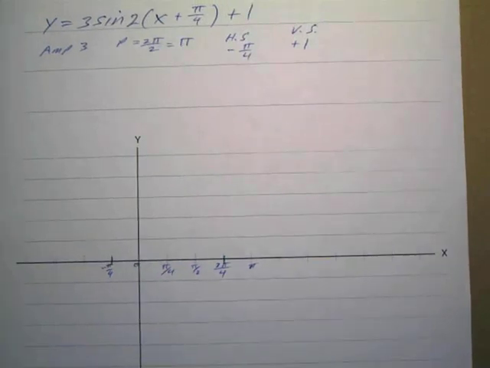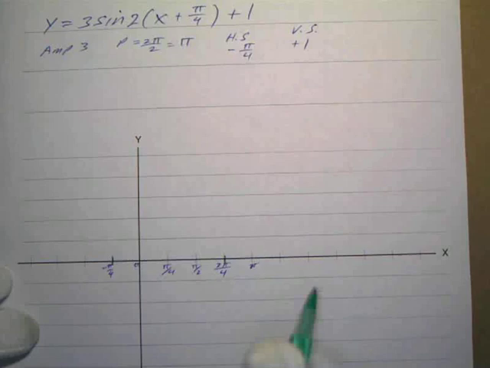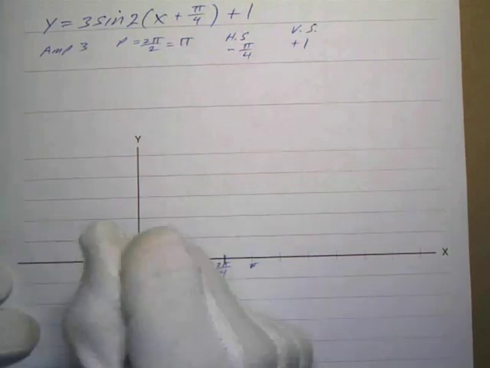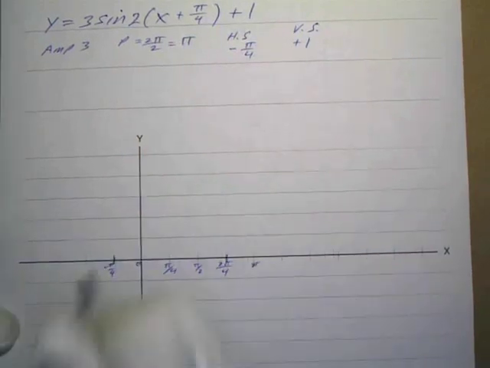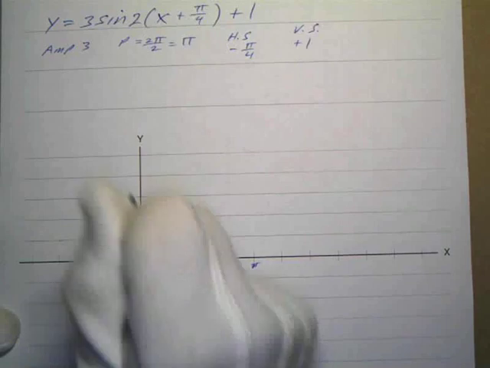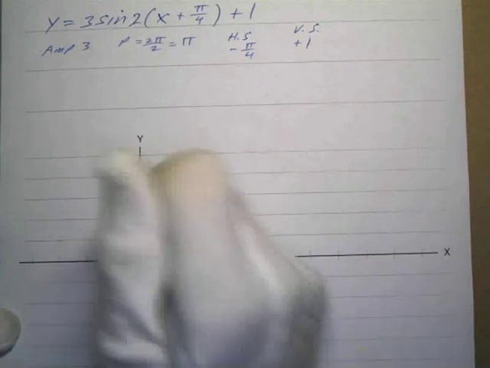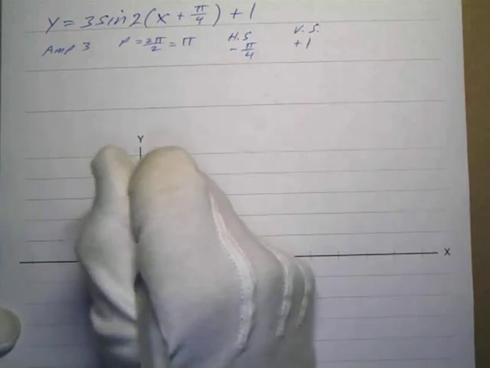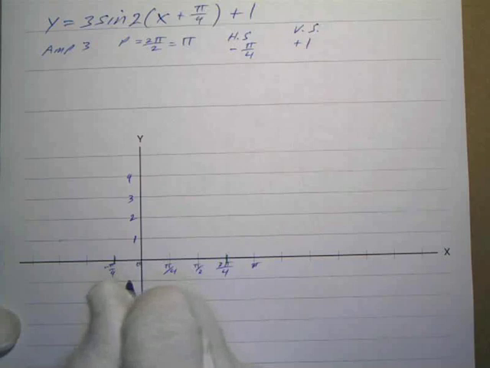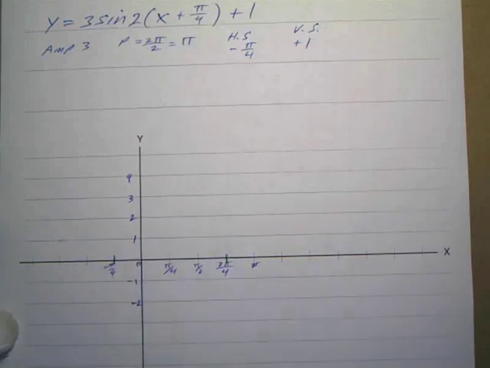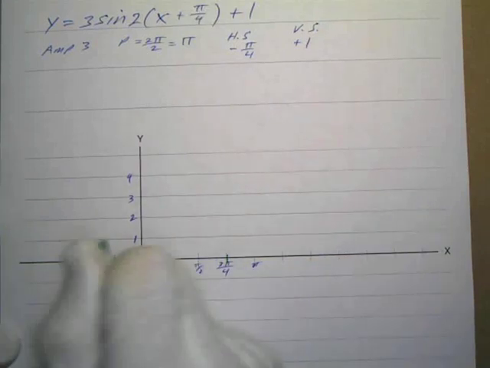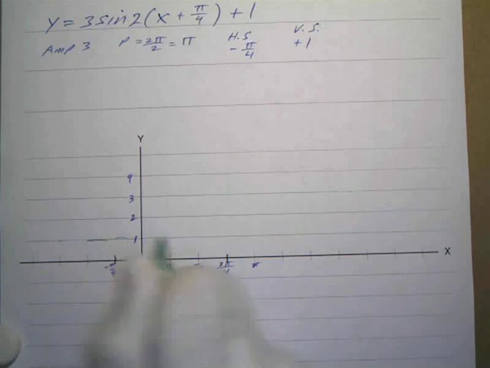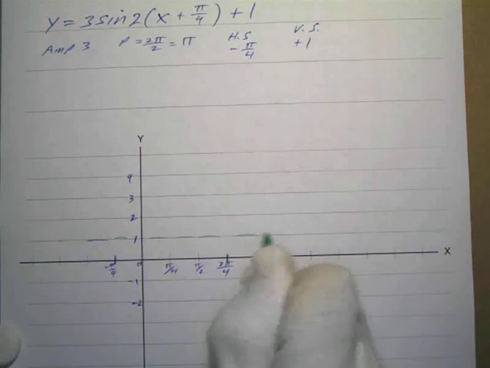So there we go. Now my vertical shift is plus 1, so we're going to call this 1. So this is my shift line, and I usually use a dashed line, so everything's going to be relative to that line.